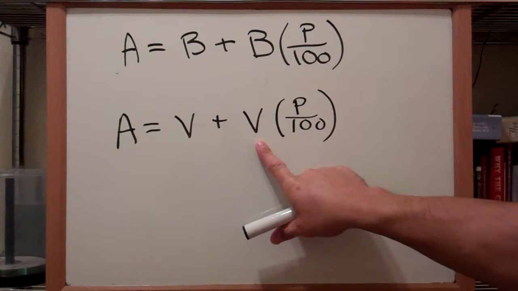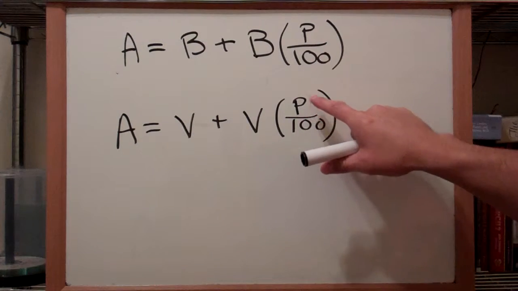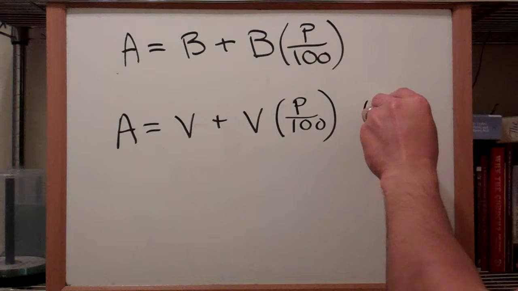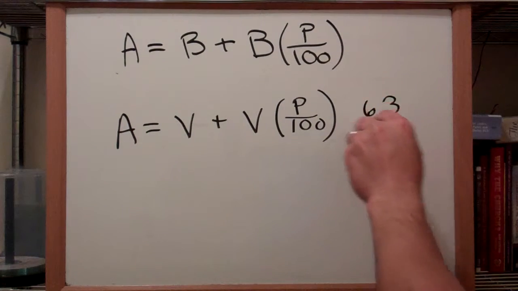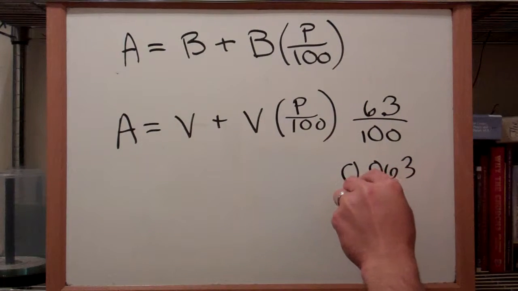We also know that we have a tax rate of 6.3%. So we plug that into the P, and when we take 6.3 divided by 100, we get 0.063.